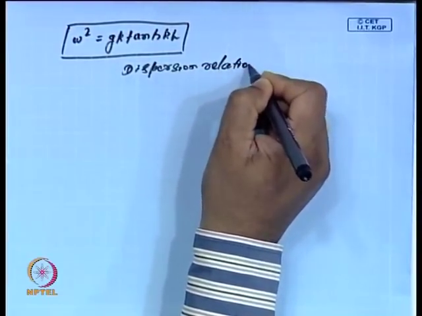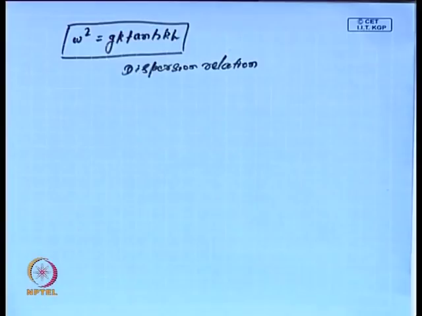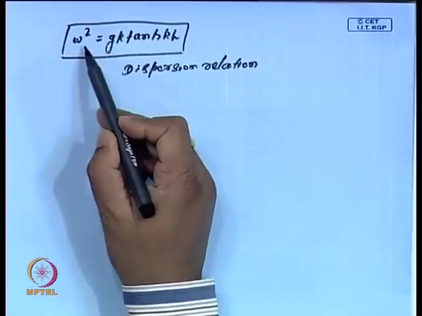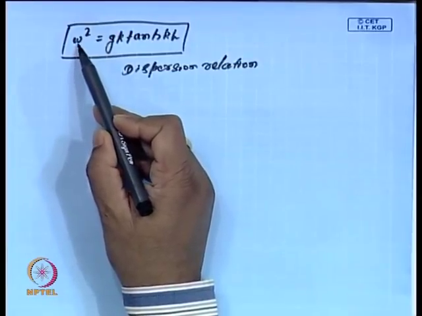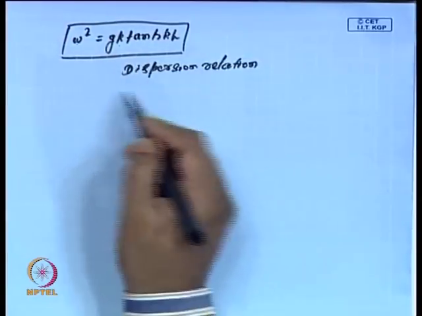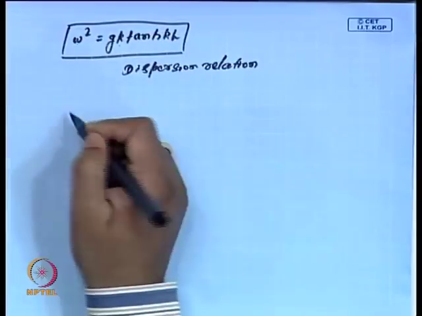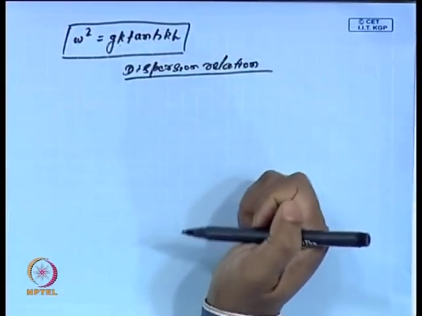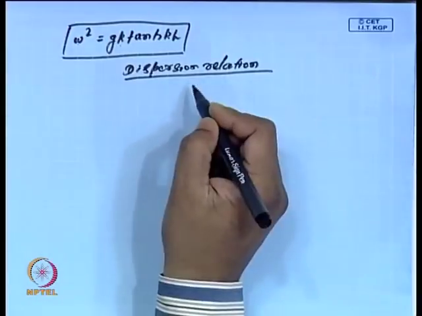It always relates the frequency of the wave with the wave number, and this relation gives a lot of information about the wave characteristics.